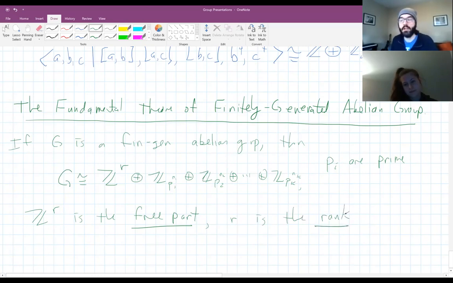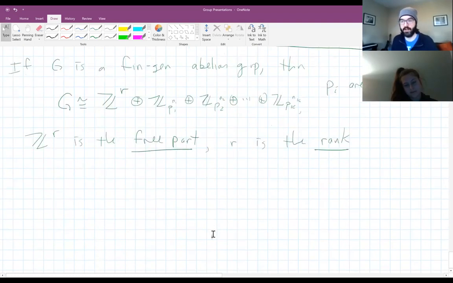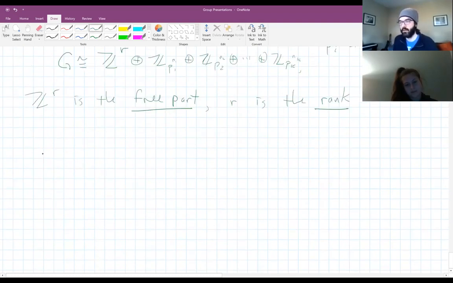All of these terminologies are going to come back to haunt you, which is why I'm writing them. Z mod p1 to the n1 plus through Z mod pk to the nk is the torsion part.